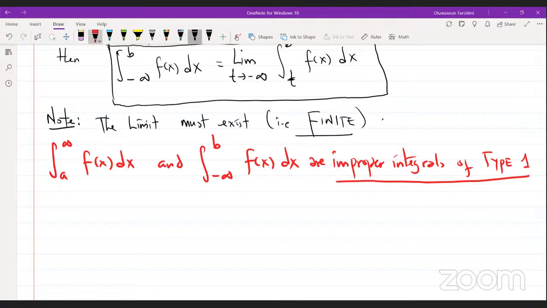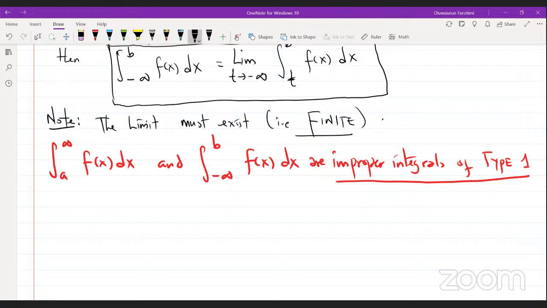Now we have to talk about convergence or divergence. What does that mean? It means that when I compute that integral, will it sum up to a particular number, a finite number, or not?